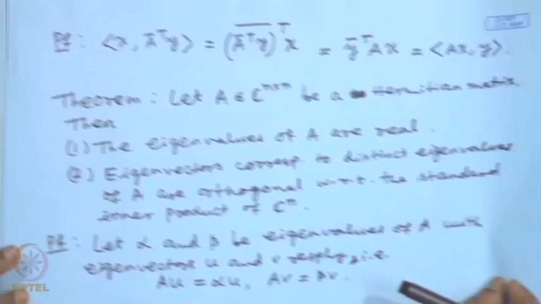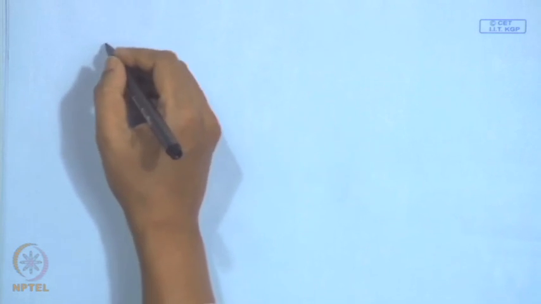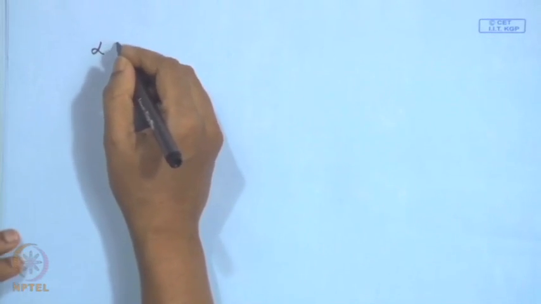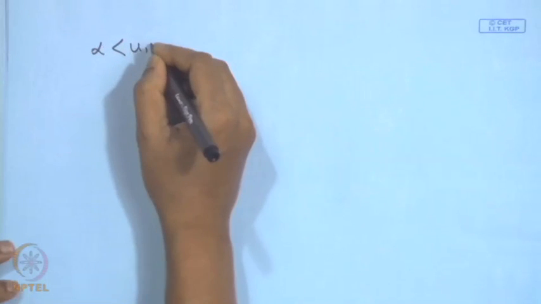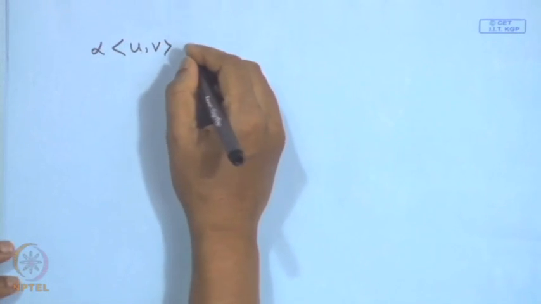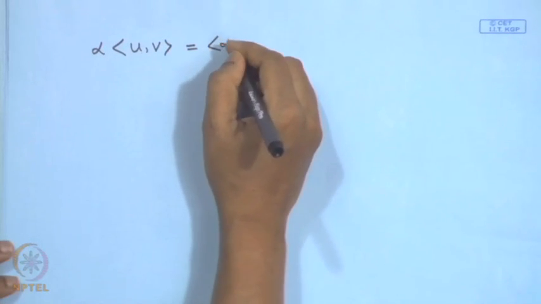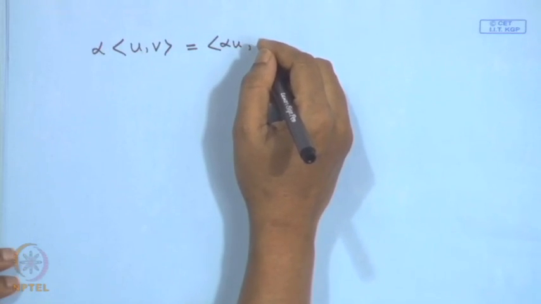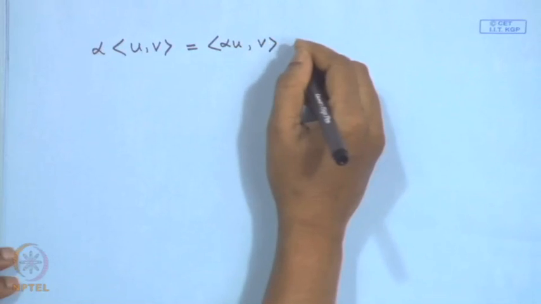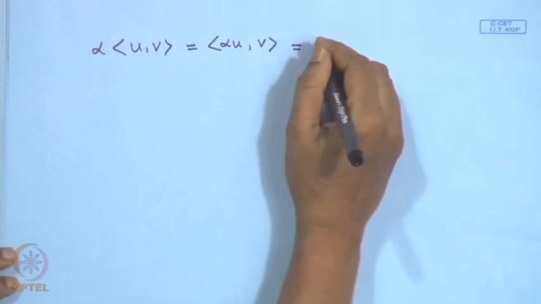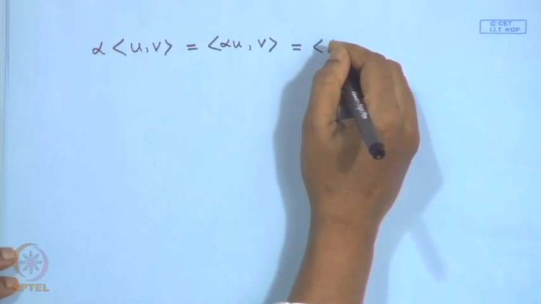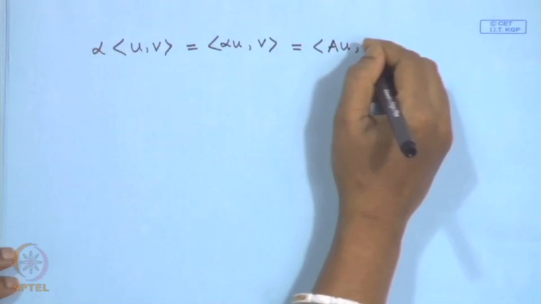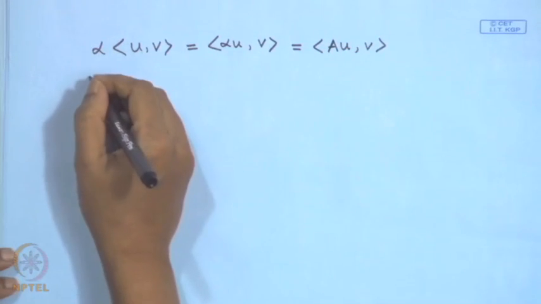Next we consider alpha times the inner product of u and v. From the property of inner product, we can write the inner product of alpha u and v, and this alpha u is equal to A u, and this is v.